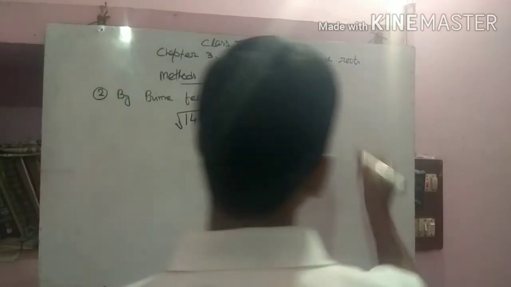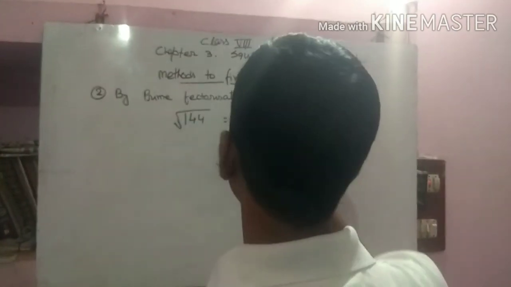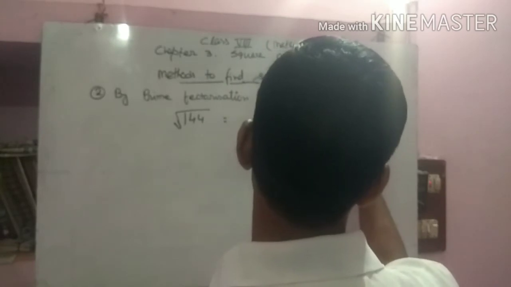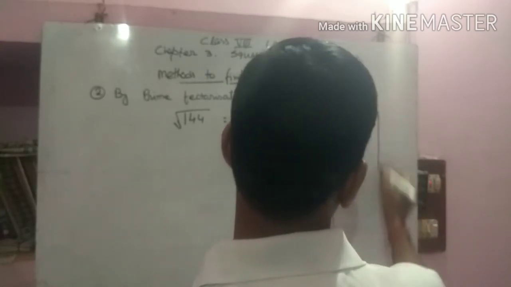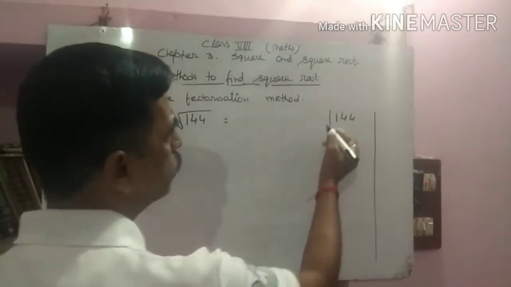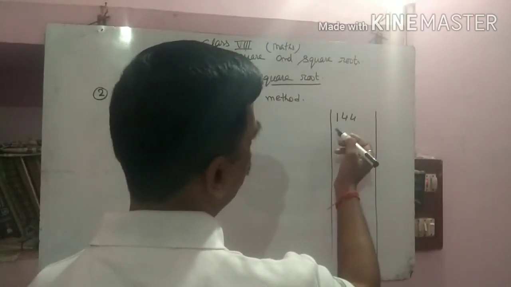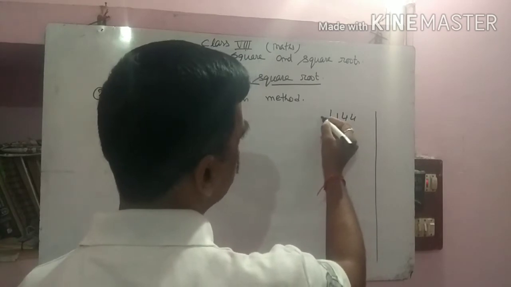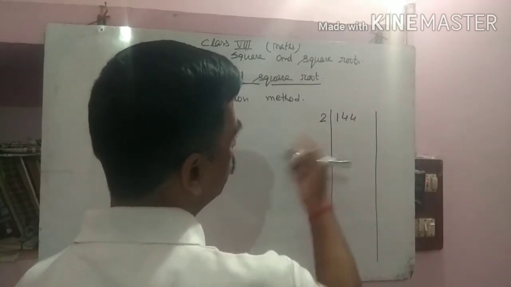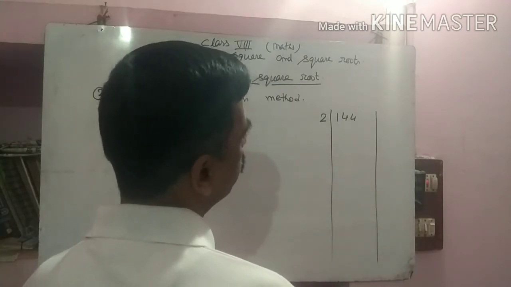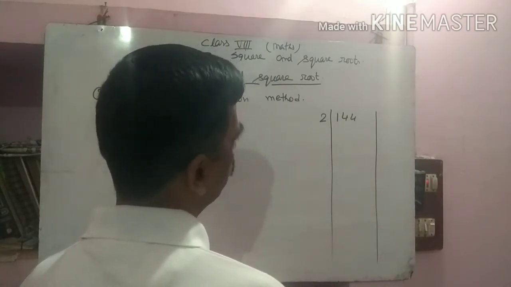What do we have to do? By using the prime factorization method, we have to get the prime factors of 144. We try to divide the given number by the smallest prime number, which is 2, if it is divisible by that number.